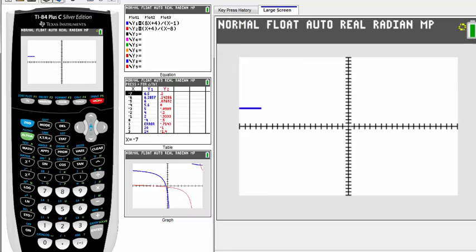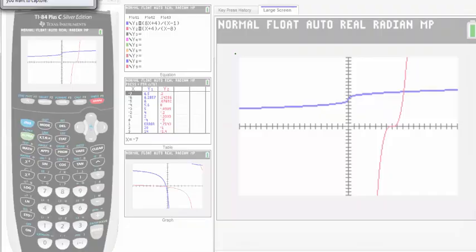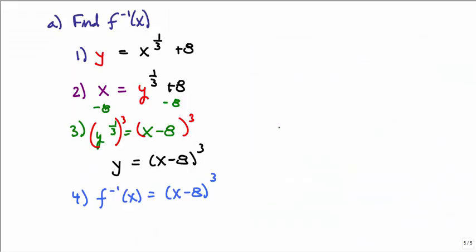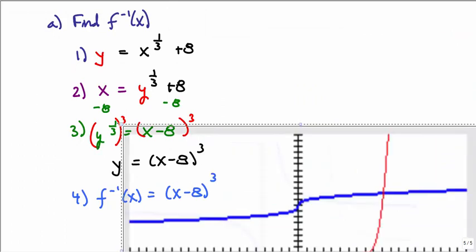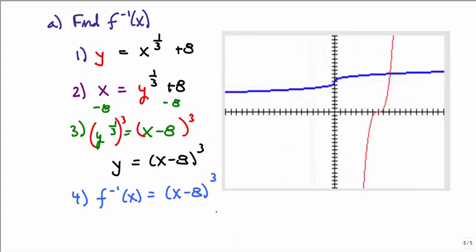So let's go ahead and graph these and see what it looks like. We might have to change our scale, but we should be able to get a pretty good picture. So there is the first function, f of x, and then it should reflect around the y equal x line. And it looks like it does. So let's go ahead and take a screenshot of that piece and then talk about how we can choose the correct graph given in MyMathLab. So what we have here is my f of x function.